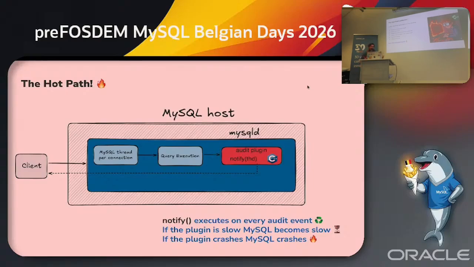In the hot path, there are a few patterns that I want to transmit to you. The notify function of the core of our plugin should be, or must be, super lightweight and non-blocking. That's kind of the first thing you need to keep in mind. It should not block. And some patterns that I find interesting are defensive programming.